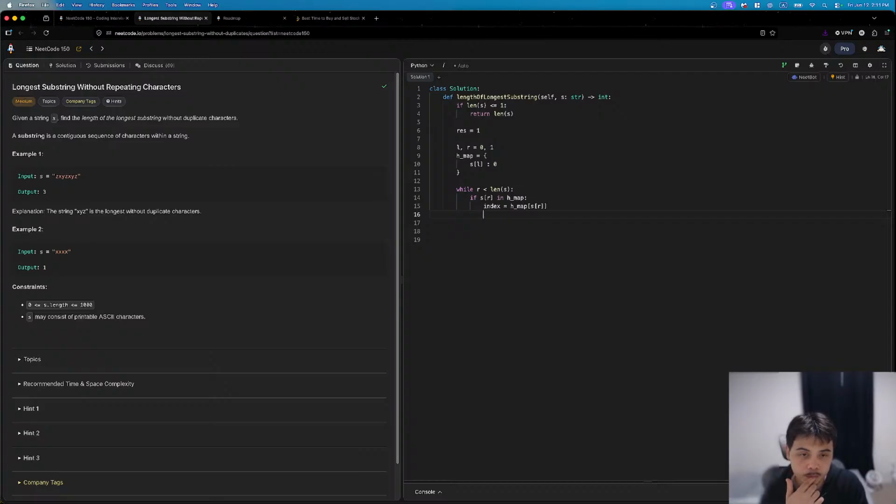And L is equal to index, R is equal to L plus 1, index plus 1.